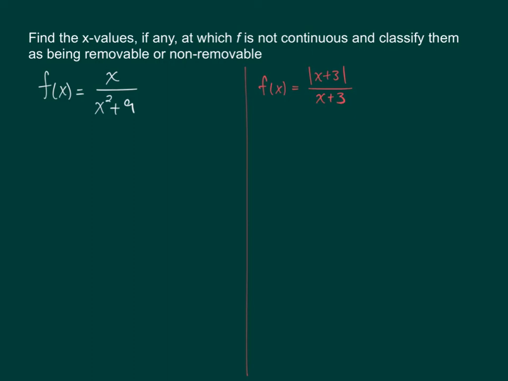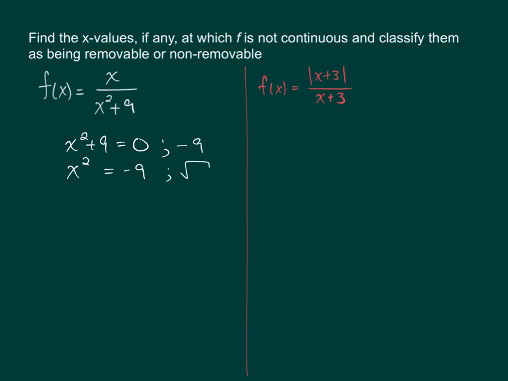We know that in this function, f of x equals x over x squared plus 9, in order to find any discontinuities, we can take that denominator, set it equal to 0, and solve for x. So we can subtract 9 from both sides and get that.